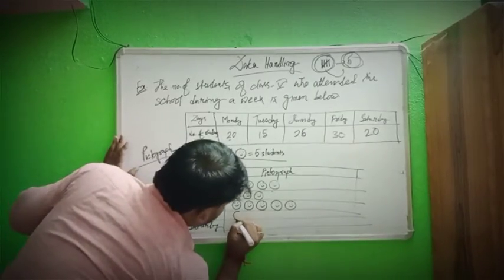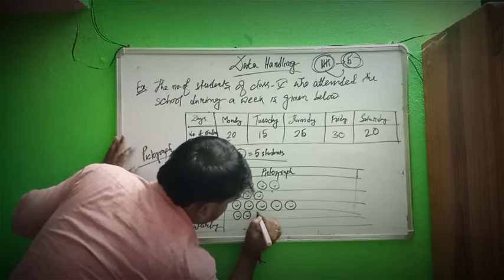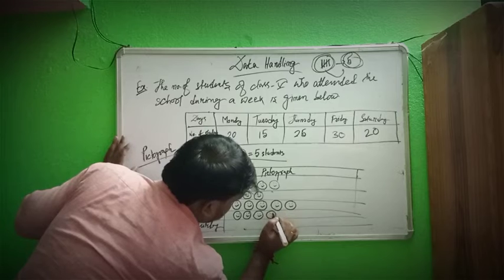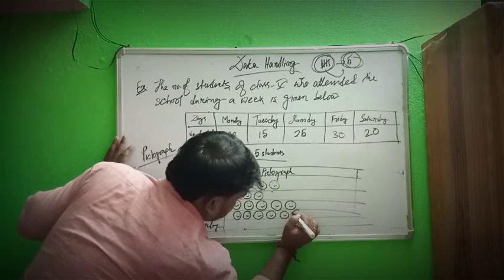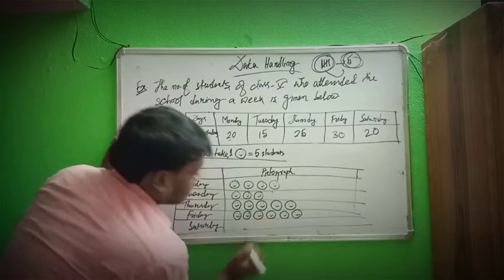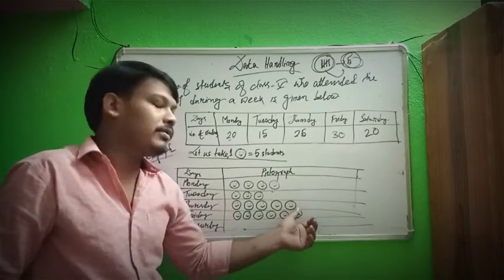For 30 we need to draw 6 pictures. So 1, 2, 3, 4, 5, 6. So 5 plus 5 plus 5 plus 5 plus 5 plus 5.